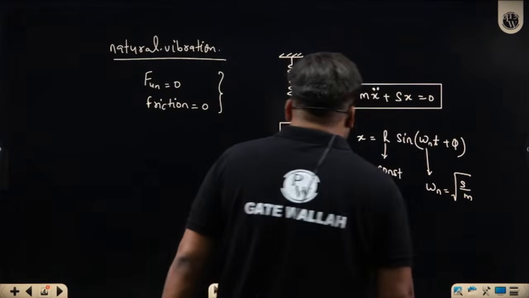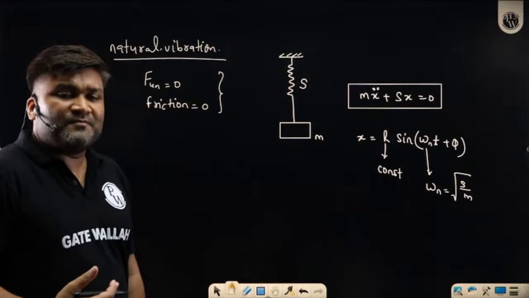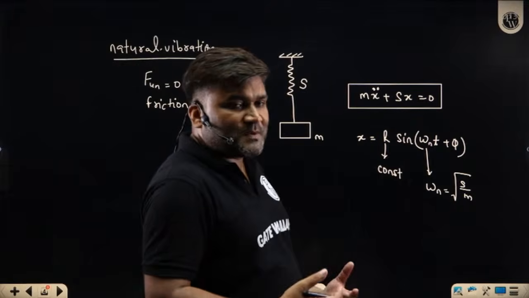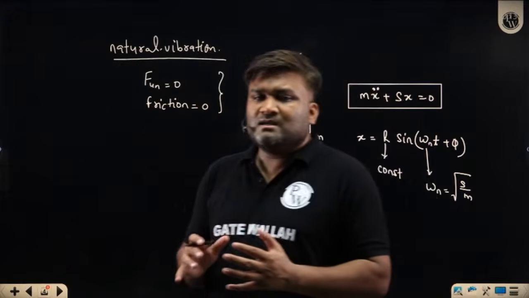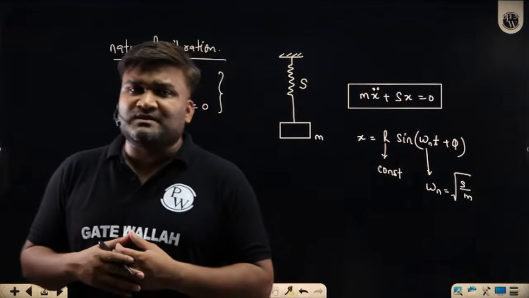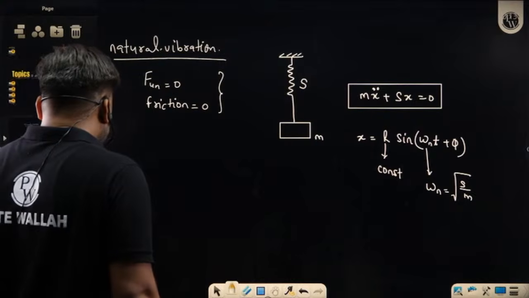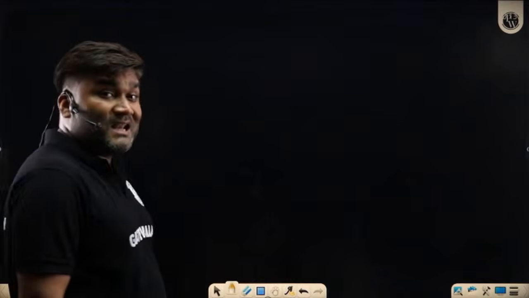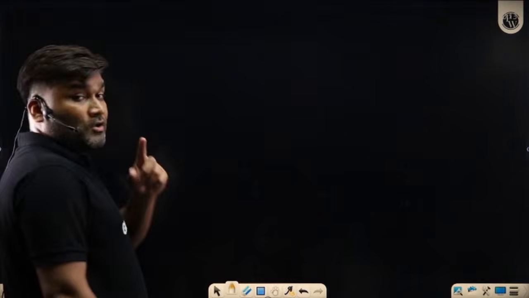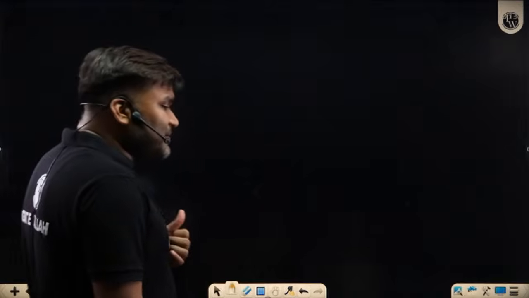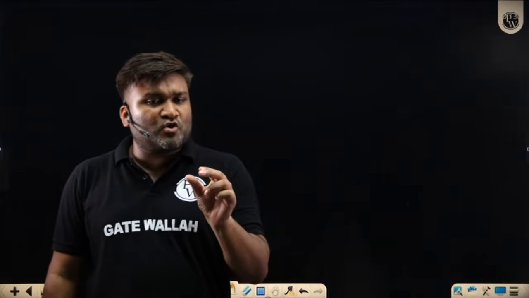This we discussed yesterday. Sometimes we may have springs in series, springs in parallel, so how to tackle combinations of these springs, we also have seen this. I also talked about the torque method, because when the mass is doing linear motion, it's easy to talk in terms of forces, but sometimes the mass is doing rotation.